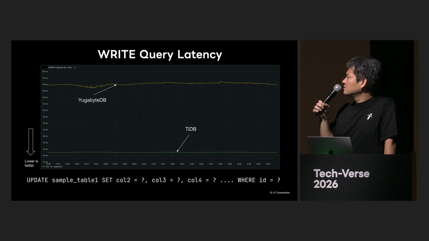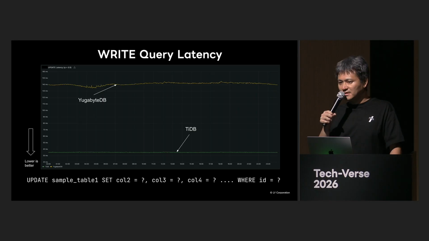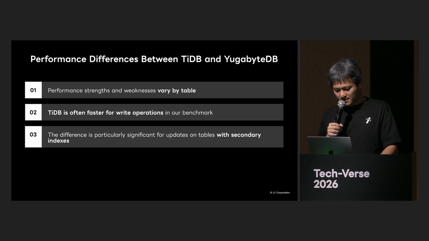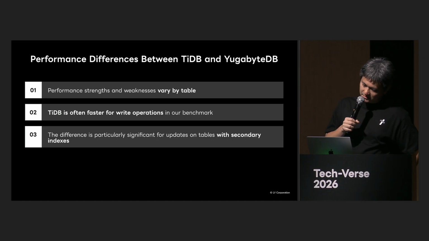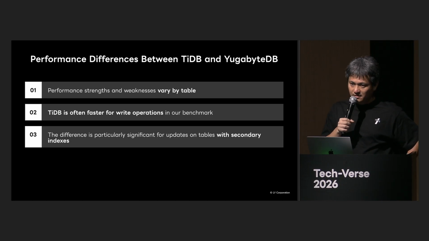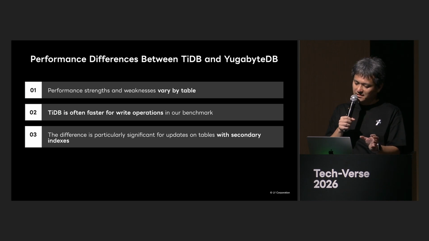Of course, there are patterns where differences emerge. This is an update to the same table, but TiKV takes about 35 milliseconds, whereas there are cases where a difference of 140 milliseconds can significantly impact performance. So, we drew many graphs like this and made a comparison.